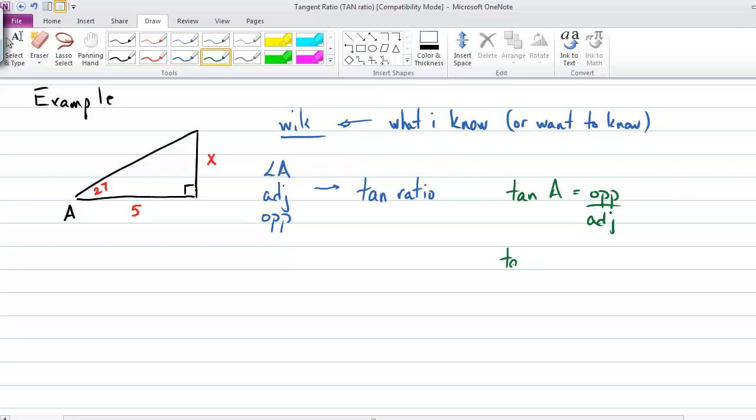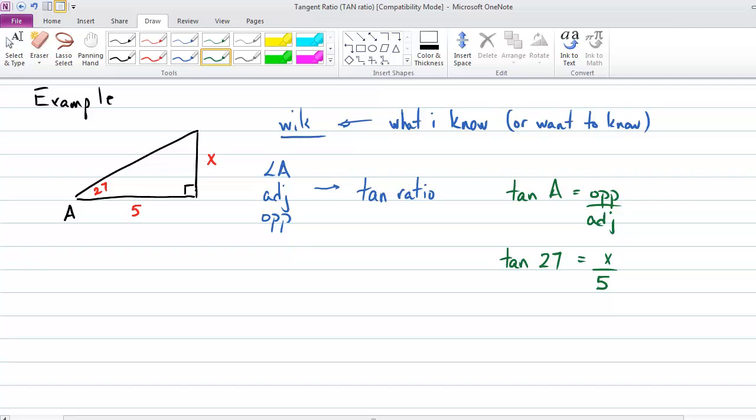So let's plug in what we know. Well, I know that A is 27 degrees. I know that opposite is X, and I know that adjacent is 5. So here I have a formula, and in that formula there's only one unknown. There's only the X. Because remember, that tangent word is a button on our calculator that does something.